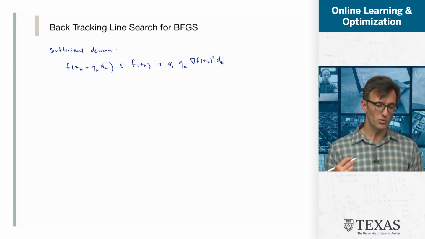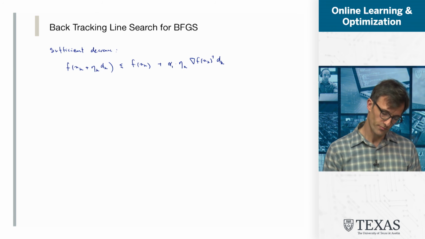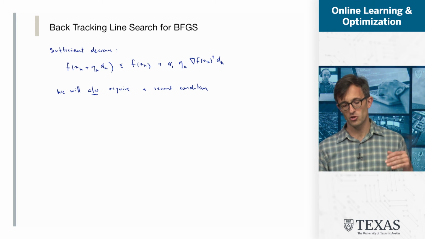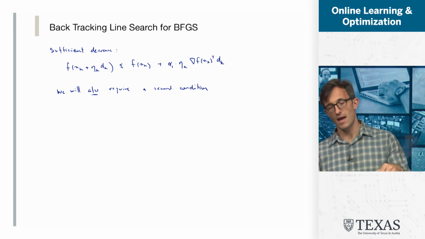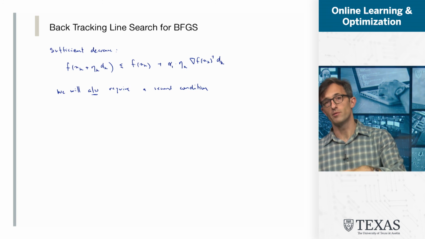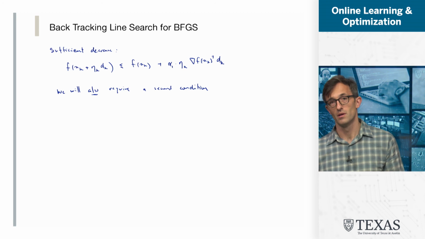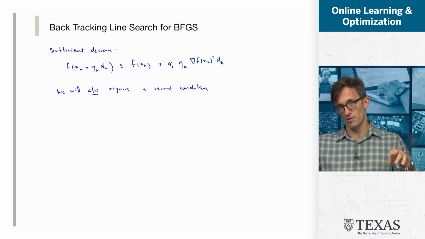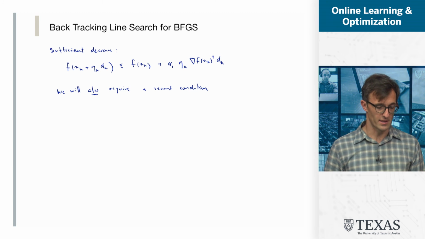So now we're going to impose a second condition. We will also require a second condition that essentially is saying that you don't want to take a step and be somewhere where things are even steeper. Because if things are even steeper, then maybe you should have gone a little bit further. Ideally, you'll take a step to a place where things are not as steep.